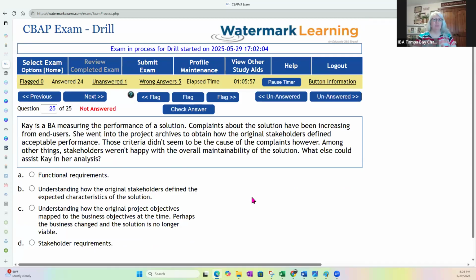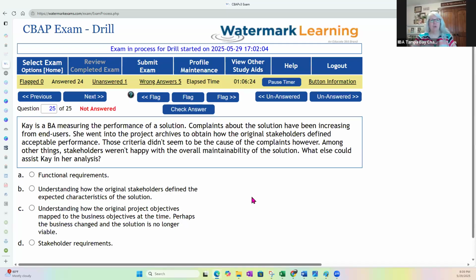Kay is a BA measuring the performance of a solution. Complaints about the solution have been increasing from end users. She went to the project archives to obtain how the original stakeholders defined acceptable performance. Those criteria didn't seem to be the cause of the complaints, however. Among other things, stakeholders weren't happy with the overall maintainability of the solution. What else could assist Kay in her analysis?